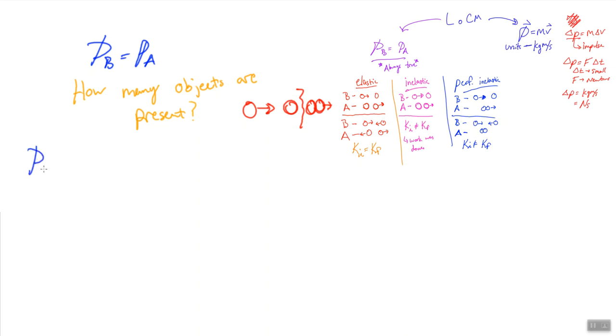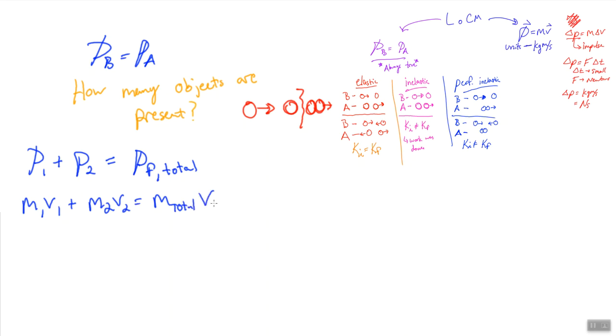So I'd say the momentum of the first sphere plus the momentum of the second sphere would be equal to the one object in total. So we'll call that momentum final total. And from there we can break this down. We could say mass 1, velocity 1 plus mass 2, velocity 2 equals mass total, velocity final.